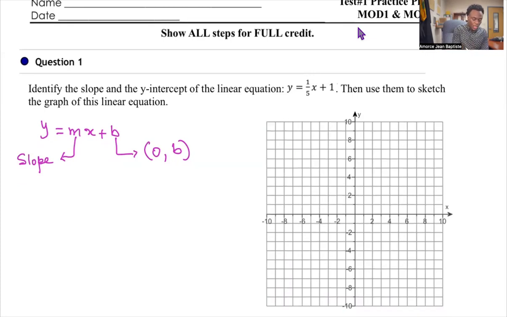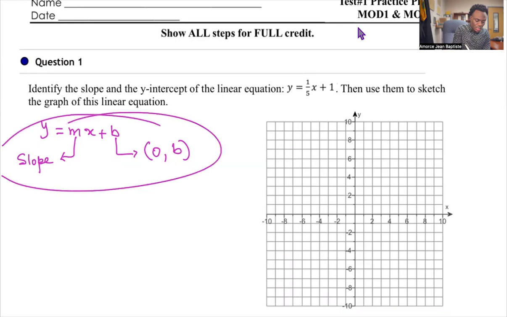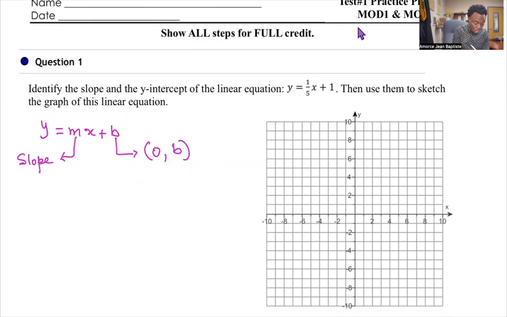All right, so then following this, we can tell that the coefficient of x, which is the slope, is 1/5, and the y-intercept is 0, comma 1.